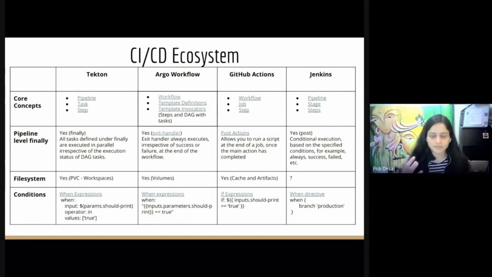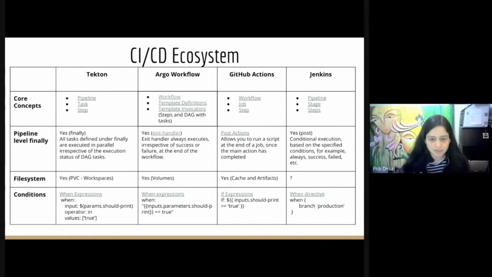All of these tools are meant for CI/CD systems, and they have their own principles and design guidelines. Most of these CI/CD use cases need functionality where something has to be executed before the pipeline ends or exits.